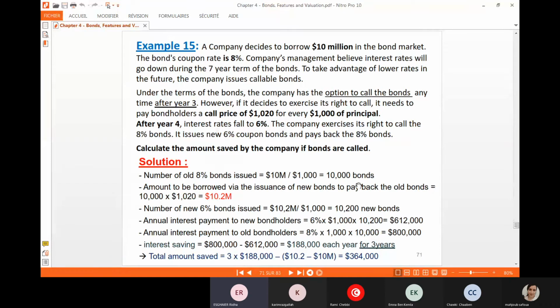How much should the company borrow now to be able to buy back the old bonds? The company must borrow $10.2 million, which is 10,000 bonds, each bond bought at 1,020. So we need $10.2 million.